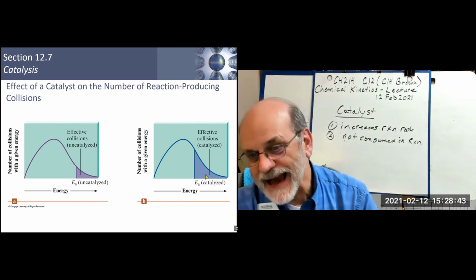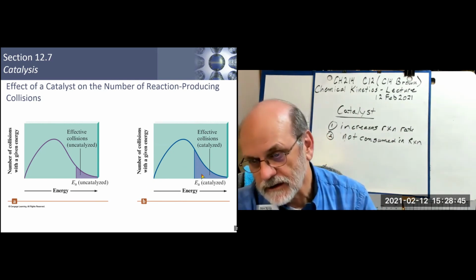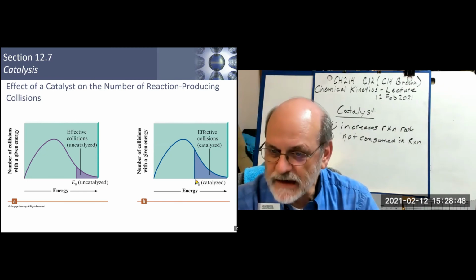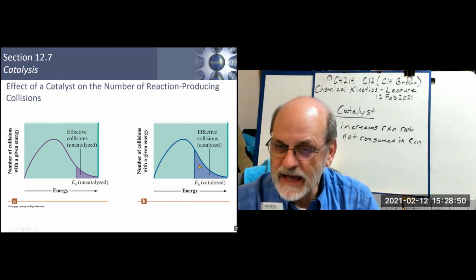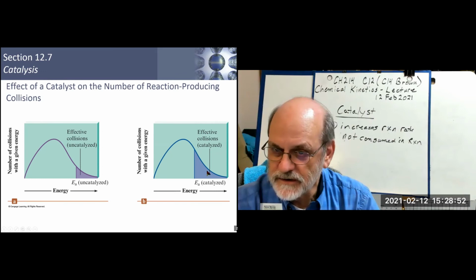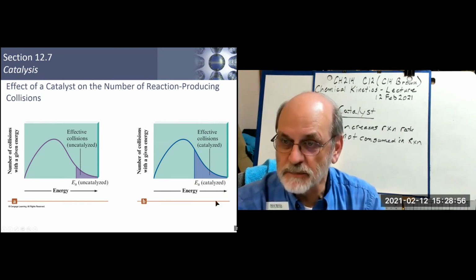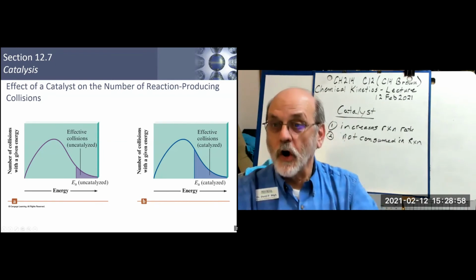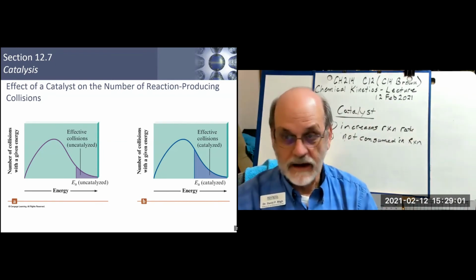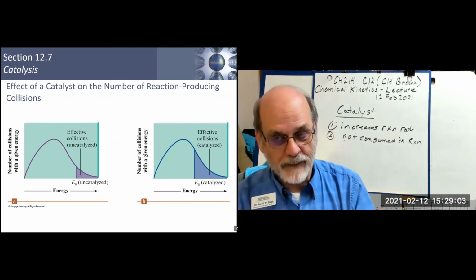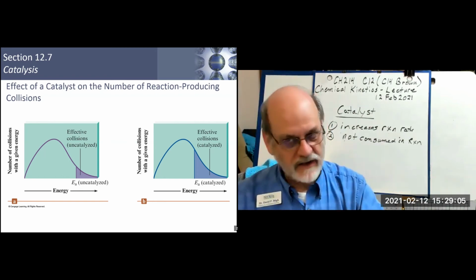But if you introduce a catalyst over here, then you've moved the activation energy back, and more of the collisions, this part of the curve, have sufficient energy to complete the reaction. Now that's the overall reaction. It's completely different elementary steps, but the overall reaction has not changed.